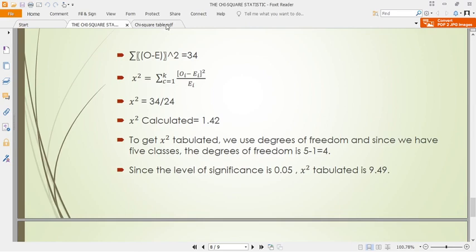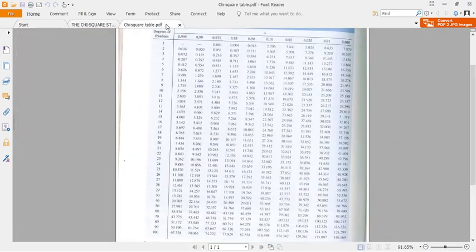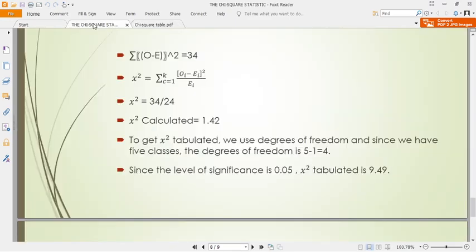So we are looking at 0.05 and 4 degrees of freedom, which is 9.488. So coming back to our example, the chi tabulated is 9.488, or rounded off to 9.49.